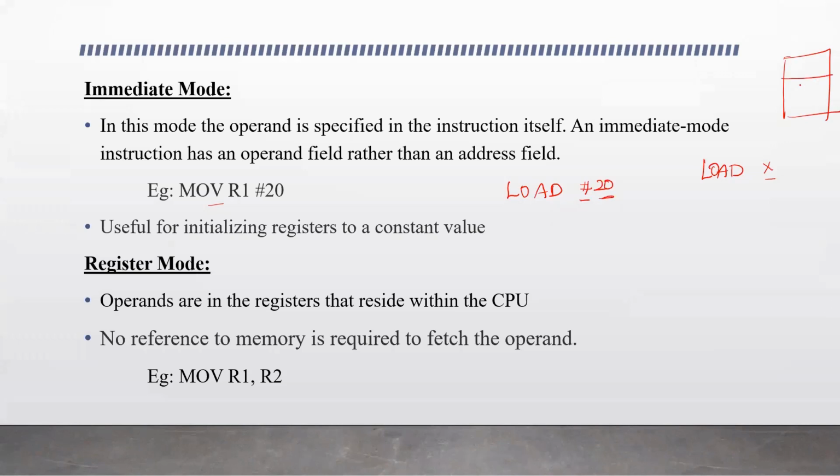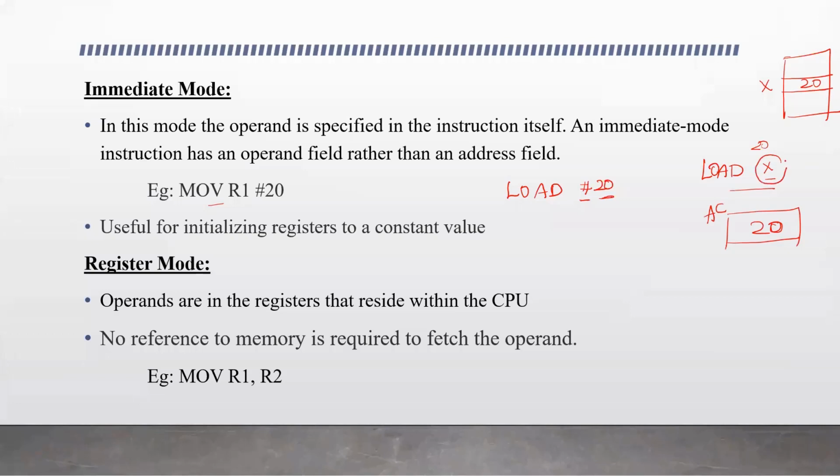We have a location X where some data is stored, let's say 20. So the meaning of this instruction is load the content of memory at location X, that is 20, into the accumulator. Once this instruction is executed, we will have the data 20 in the accumulator. That is loading the content of memory into the accumulator.